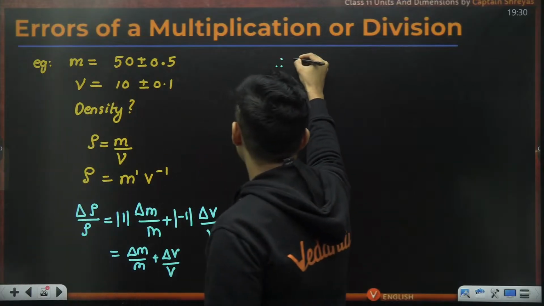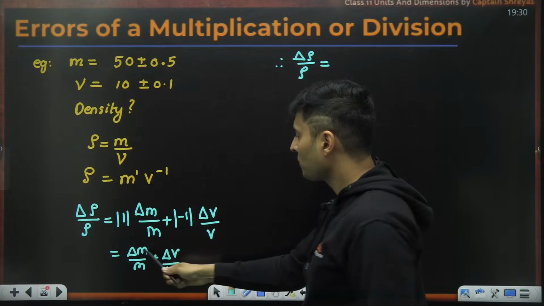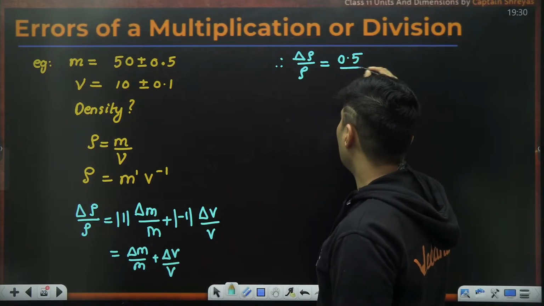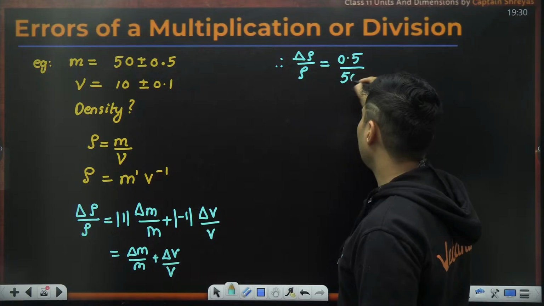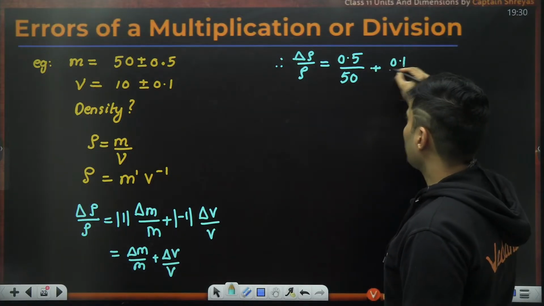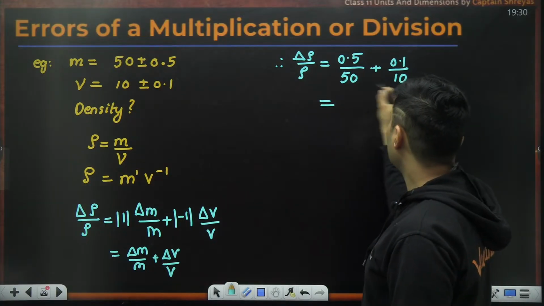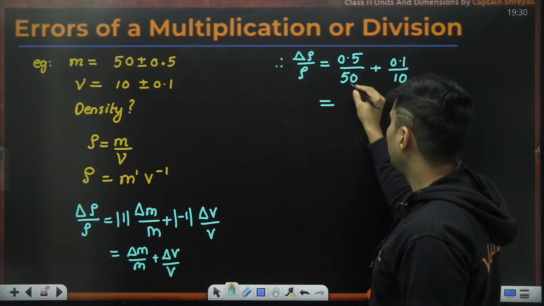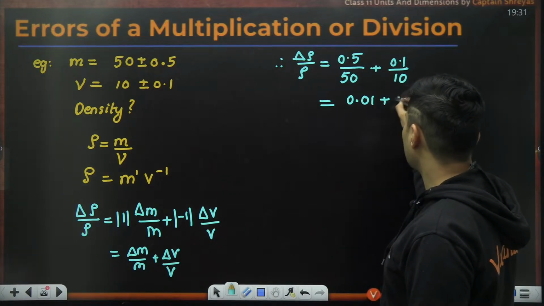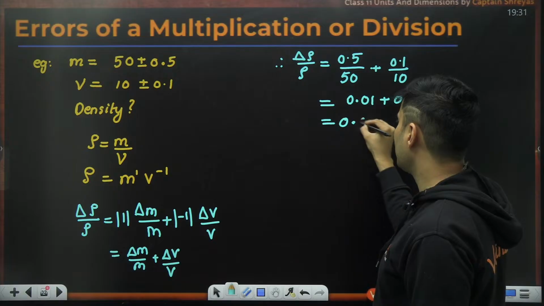So delta rho by rho is equal to, what is delta m? Error in the mass is basically 0.5, most likely mass is 50, plus error in volume 0.1, most probable value of volume 10. So this will be 0.5 by 50, which is 0.01, and this is also 0.01. So this will be 0.02.